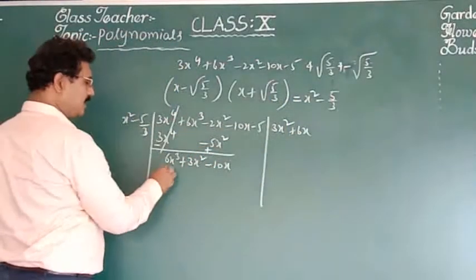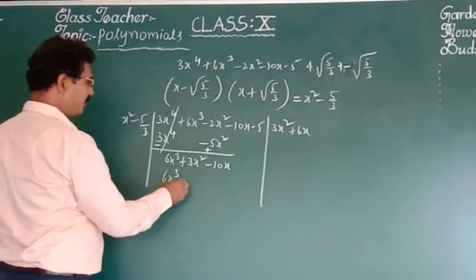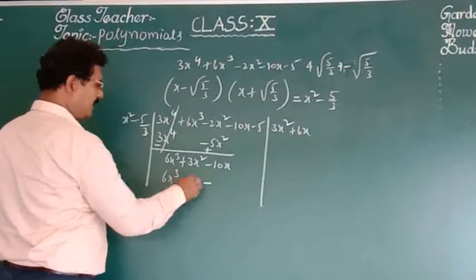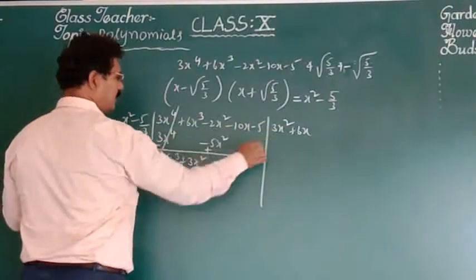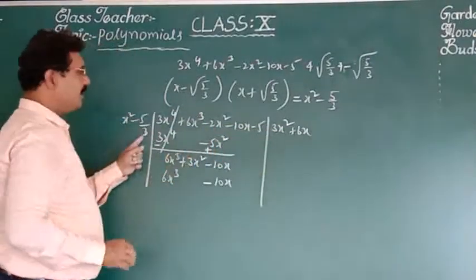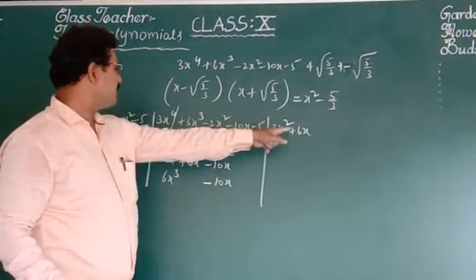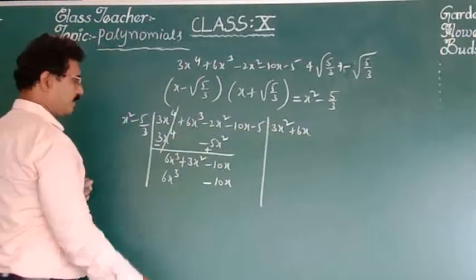Minus 5 by 3 into 6x is 30 by 3, that is 10x.